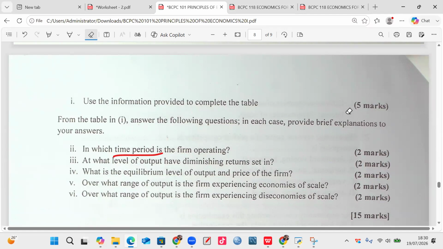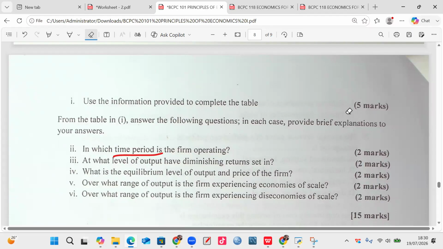Use the information provided to complete the table. From the table in I, answer the following questions in each case. Provide brief explanation to your answers. II. In which time period is the firm operating? III.